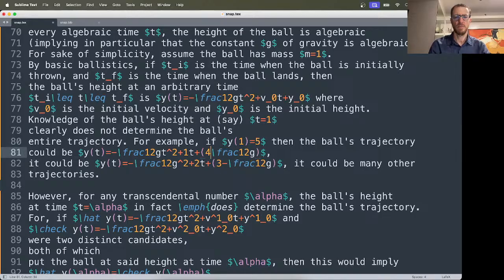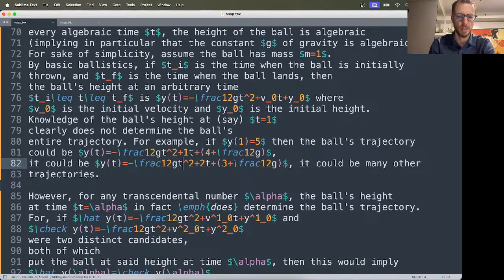Okay, so if we plug in 1, we get minus 1/2 g plus 1 plus 4 plus 1/2 g. Oh yes, the AI was correct. I did indeed have a sign error in both places. And if we plug in 1 here, minus 1/2 g, oh, this should be gt squared, another error there, plus 2 plus 3 plus 1/2 g. Yep.